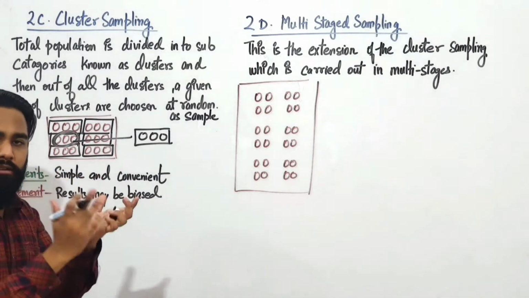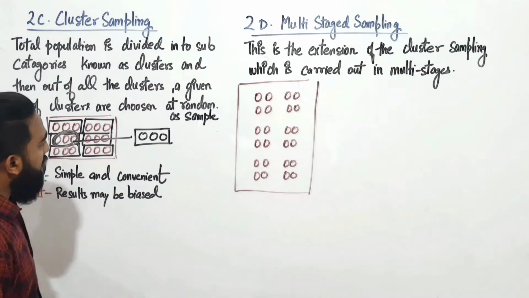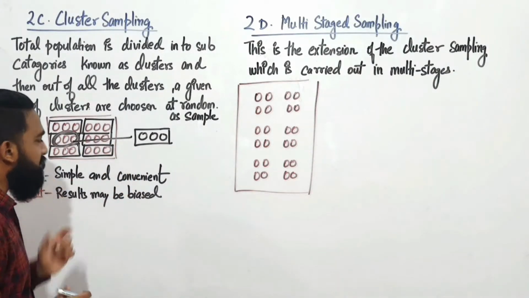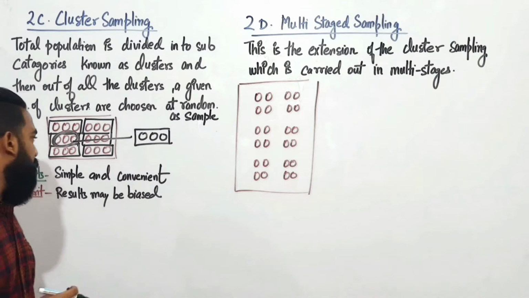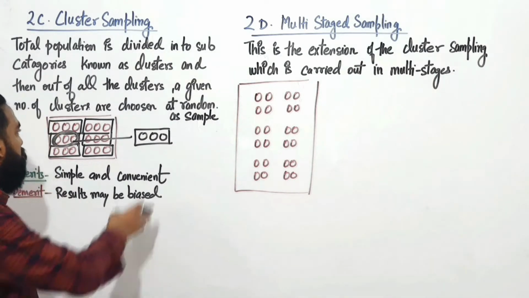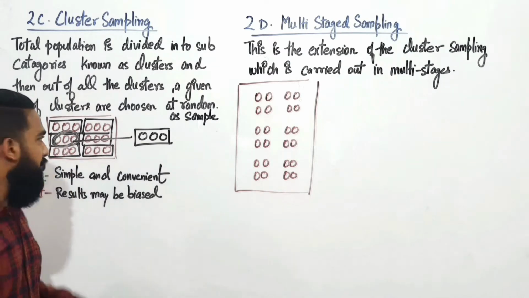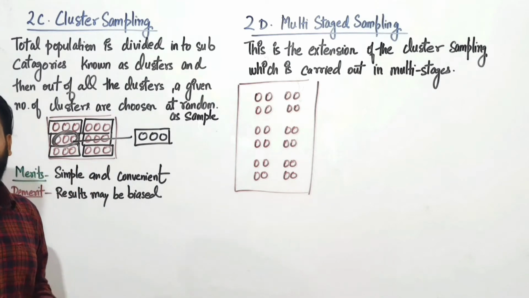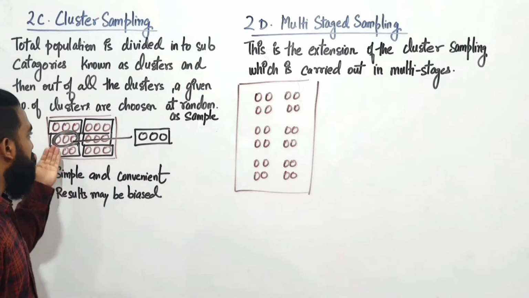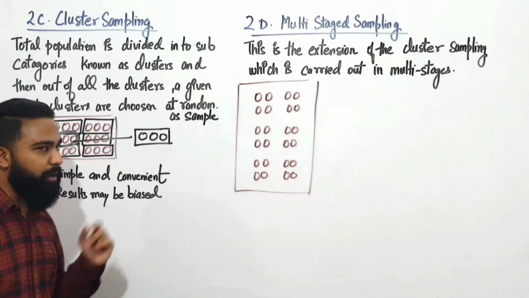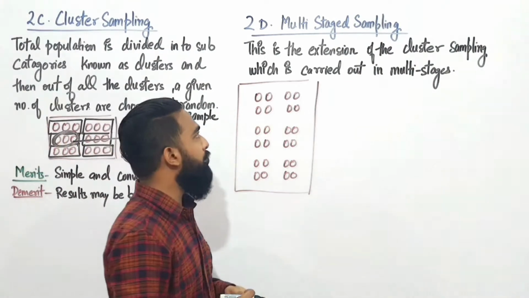Fine. You make the groups and that whole group is selected under cluster sampling. The merit is that it is very simple and convenient, and the demerit is that the result can be biased. Suppose there are students and I found out that these three are my favorite ones. Then obviously I am going to select them. So these are selected as the samples, and therefore the results can be biased.